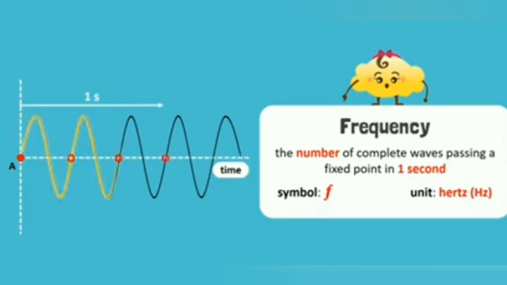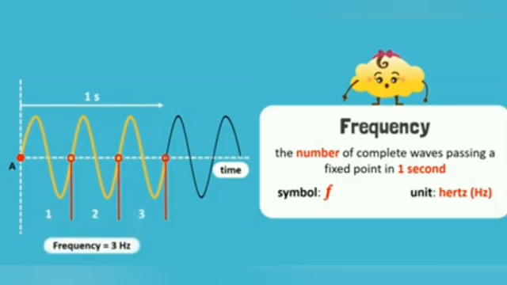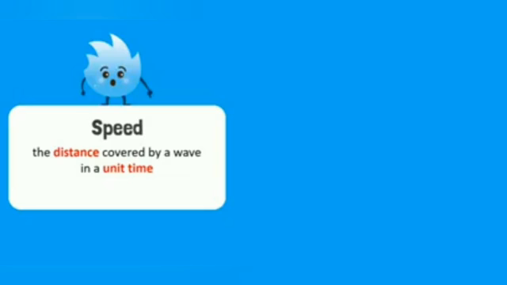Observe that in 1 second, exactly 3 waves pass through point A. Therefore, the frequency of this wave is 3 Hz. Lastly, let's discuss speed. The distance covered by a wave in a unit time is called its speed. Speed is measured in meters per second.